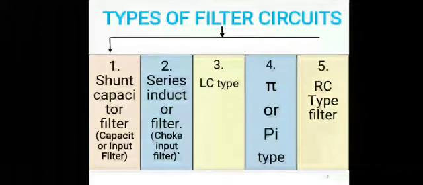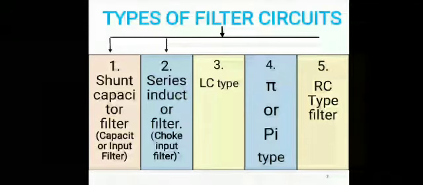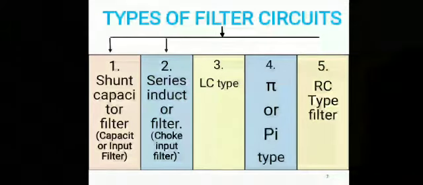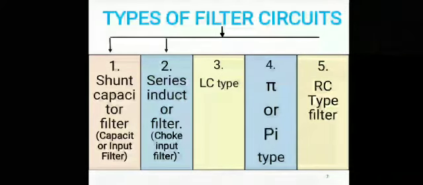That's why the name is given as shunt capacitor. Second type is the series inductor filter or choke input filter. In this, one inductor is used which is in series with the load resistance. That's why the name is given so.